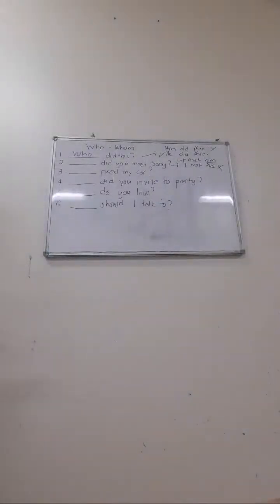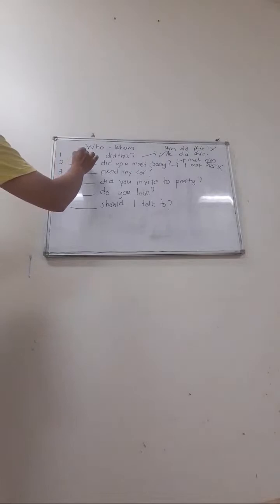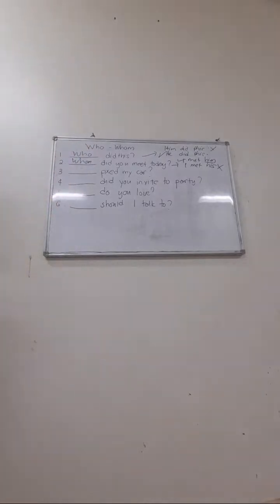Again, let's make this clear: if I use "him," the last letter is M, equivalent to "whom." That was number two. And in number one, I use "he did this," equivalent to "who," because I did not use "him." Okay, you get the point? It's "whom." Okay, "whom did you meet today?"